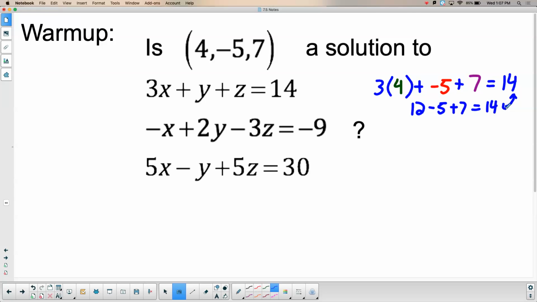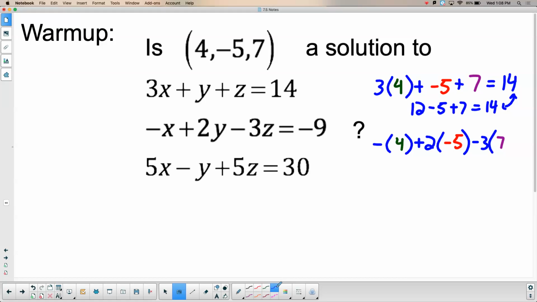Love it. Okay. Third one, though, you're saying, or excuse me, the second one you're saying, so we've got negative of 4 plus 2 times -5 minus 3 times 7.